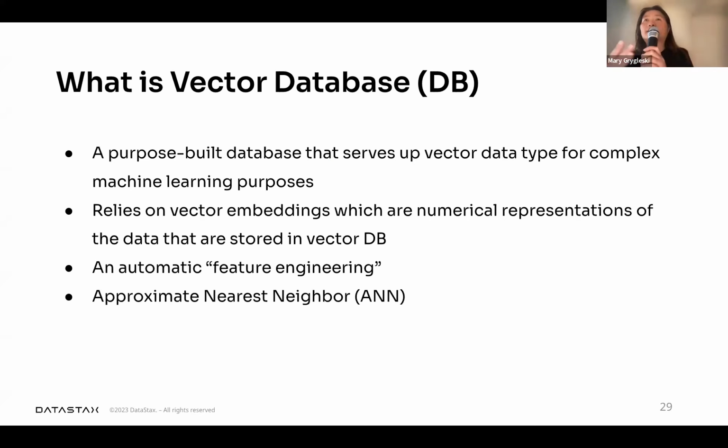We're dealing with data that are multidimensional in nature. You can still use a traditional database to do it, but it will take much longer, because when we're doing similarity searches with multidimensional data, we basically need a new data type, and this is the vector data type that comes out.